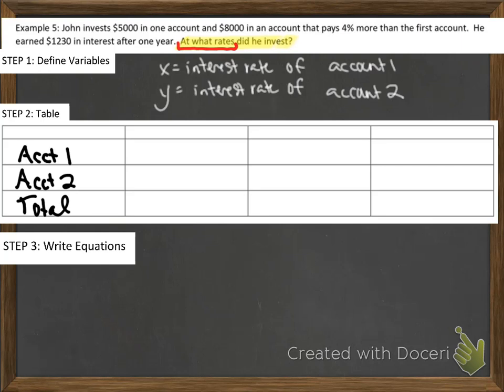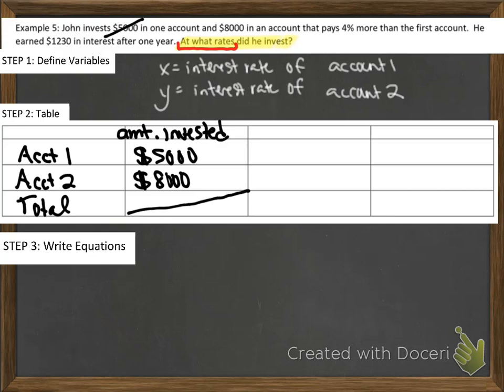So let's do, I think this is what we did last time, we did the amount invested. Okay, so we know that he put $5,000 in one account, and we know that he put $8,000 in the other account. You can add them together, but that's really not going to enlighten us or give us any more information, so we'll just leave that blank.